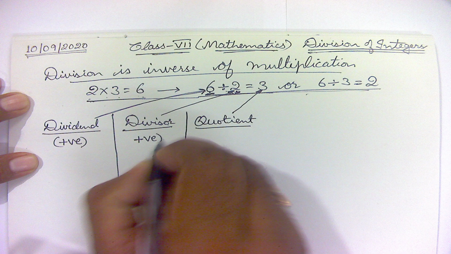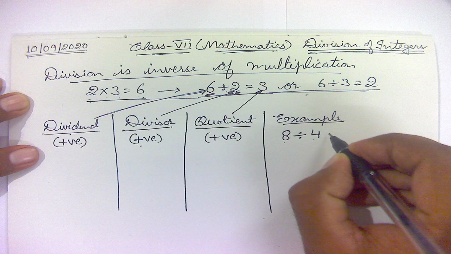For example, say 8 divided by 4. 8 is positive, 4 is positive, and when you divide it, the result which you get is also positive. So if dividend and divisor both are positive, the quotient will be positive.